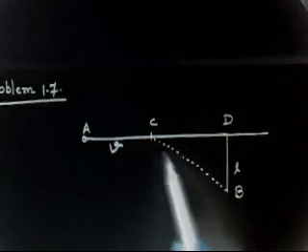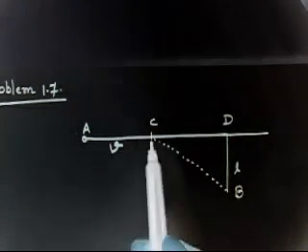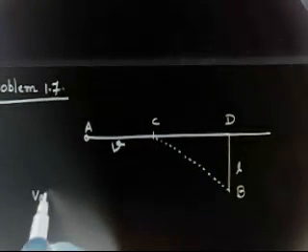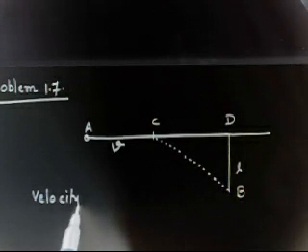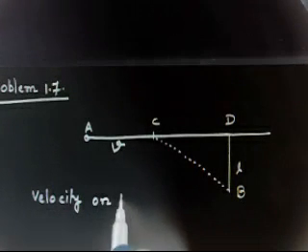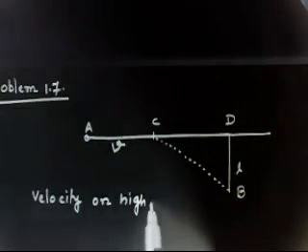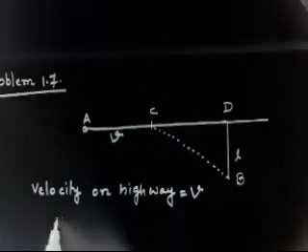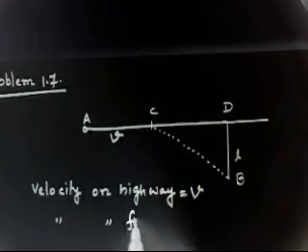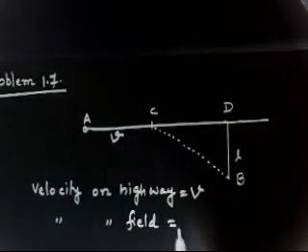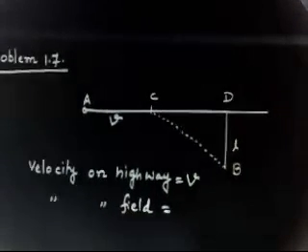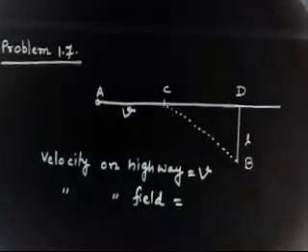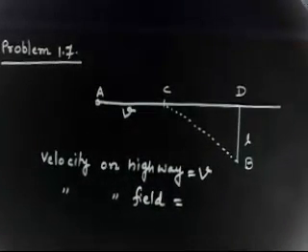So what will be the velocity in the field? The velocity on the highway is v. The question says the velocity in the field is eta times slower than the velocity on the highway.